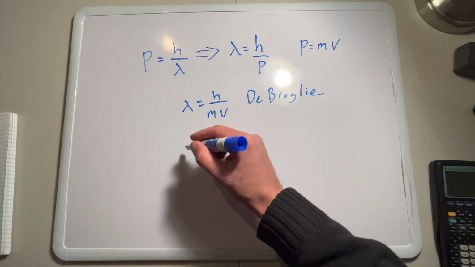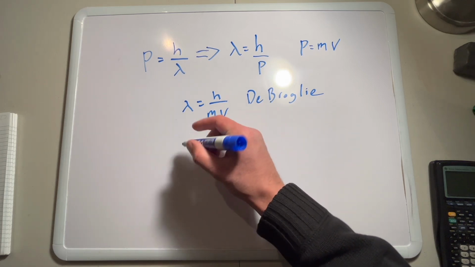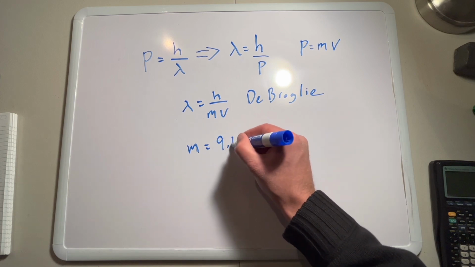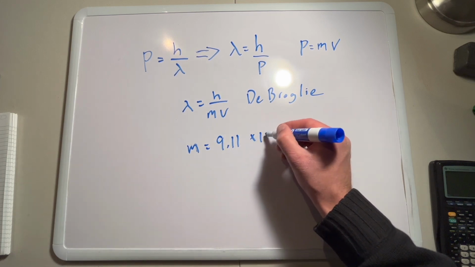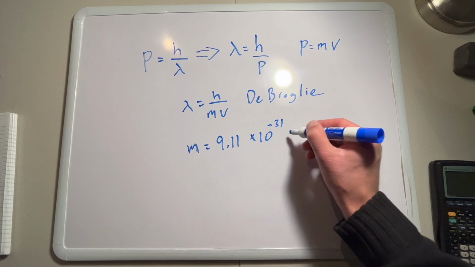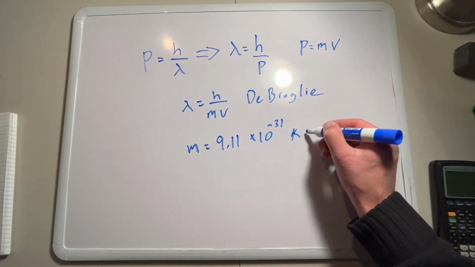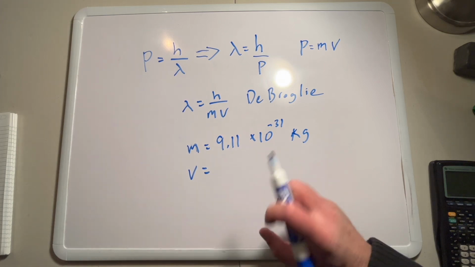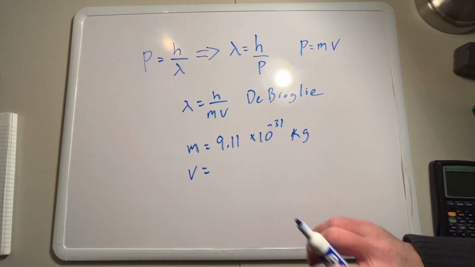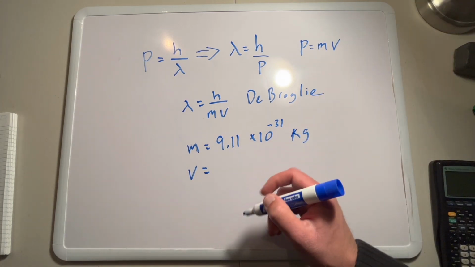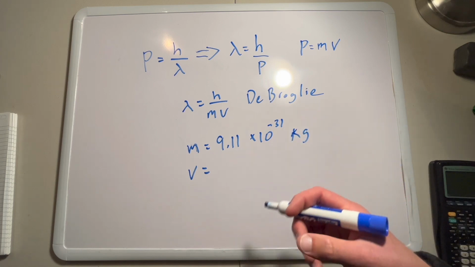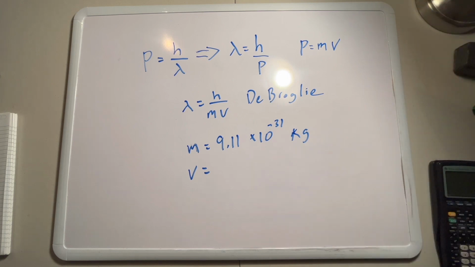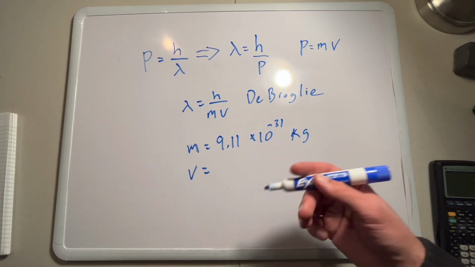And for that, the mass is 9.11 times 10 to the negative 31 kilograms. And for velocity, electrons can be moving at all kinds of different speeds in different situations. In particle accelerators, we can get them up to a fair fraction of the speed of light.